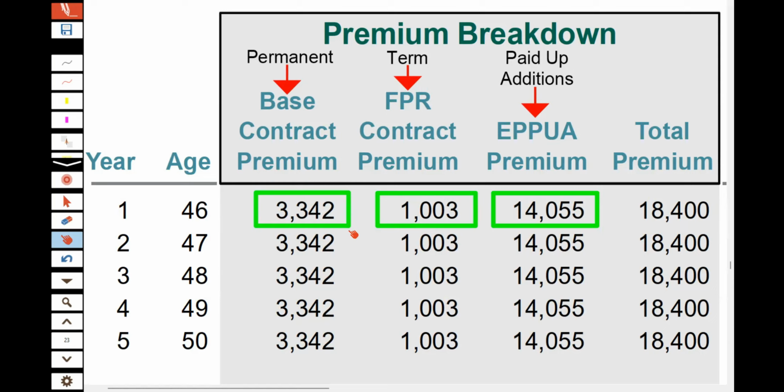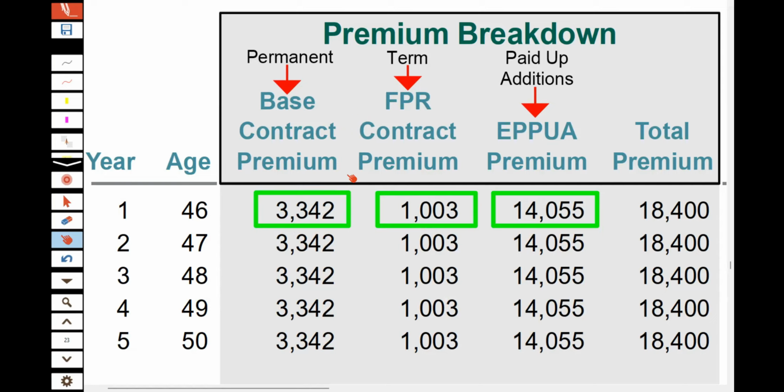Why that range is so big is going to be explained in videos to come, but it should be somewhere within that range. The lower that this base premium is, the higher that the cash value will be right away in the policy. So again, we can get this number lower, but for this example, we're going to use this. This is the minimum required premium for the permanent aspect of the policy.